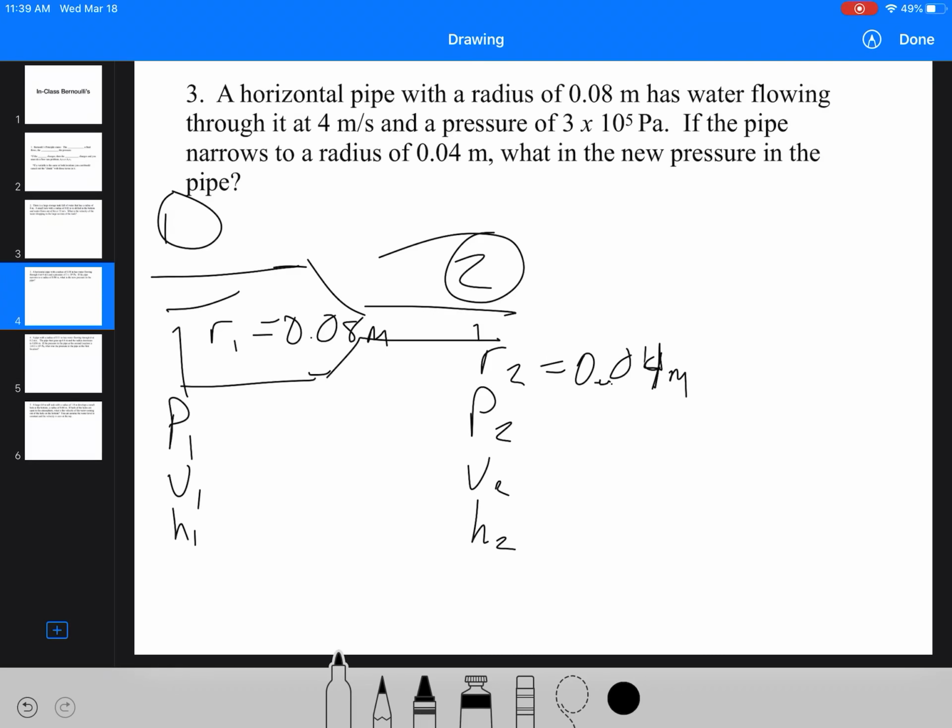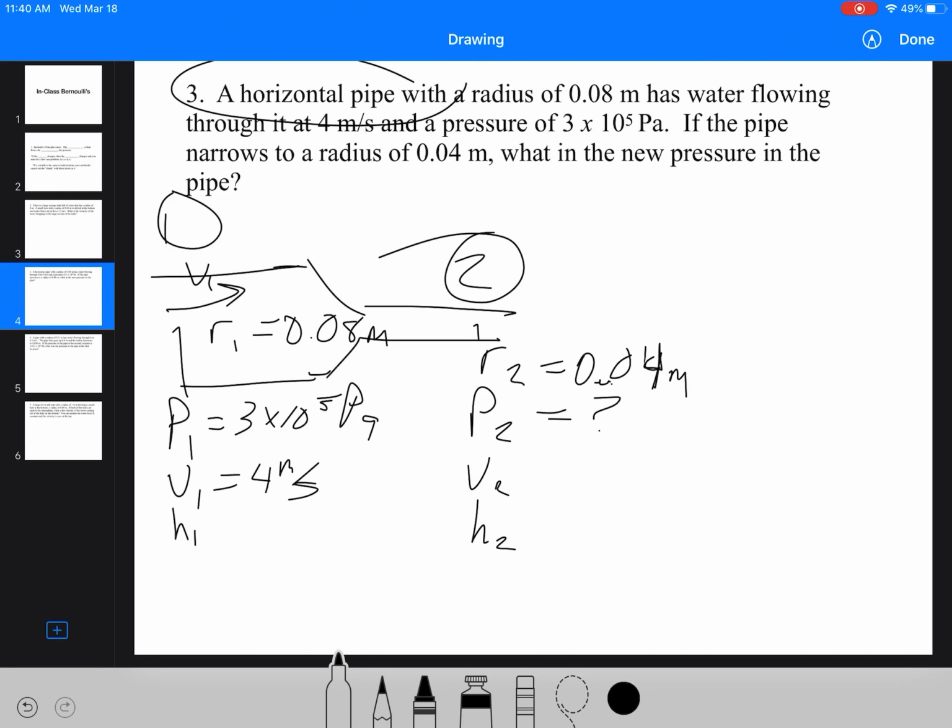It has water flowing through it at location 1 at 4 meters per second, and it has a pressure of 3 times 10 to the 5th pascals, which is 300,000 if you hate scientific notation, like I know some of you do. And ultimately, what we're trying to do is solve for the pressure at location 2.